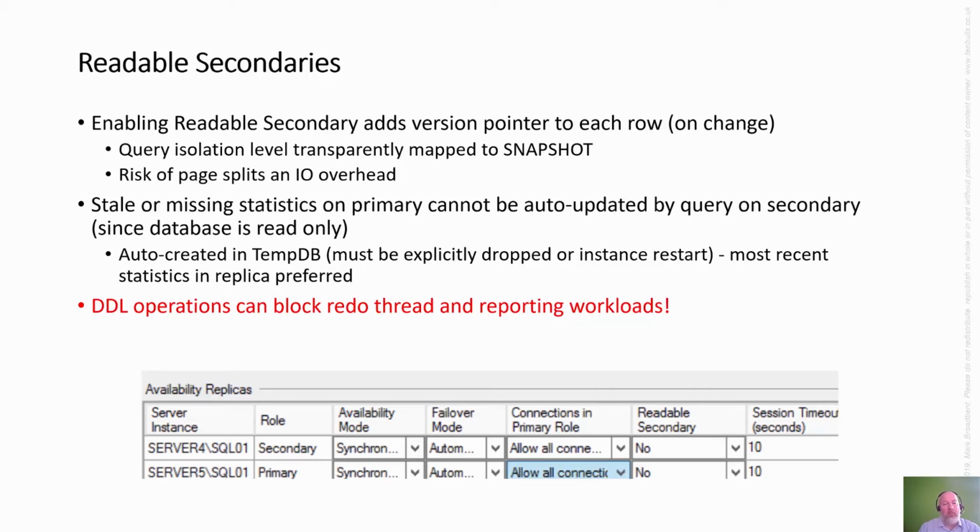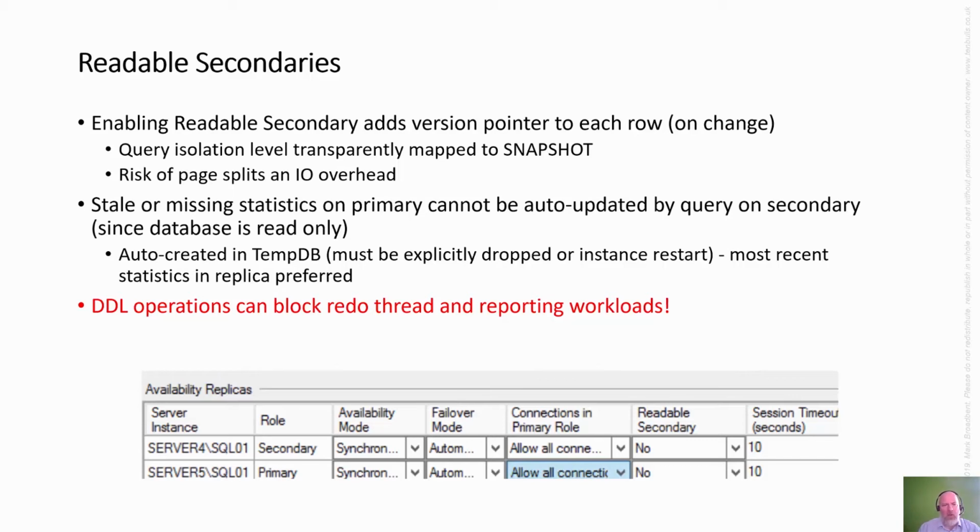And that's what happens for snapshot isolation, because for your readable secondary, snapshot isolation is used behind the scenes. So we need that in place. So you could have data bloat a little bit, and you could have a risk of page splits going on. And there is obviously, of course, a little bit of IO overhead from doing this.